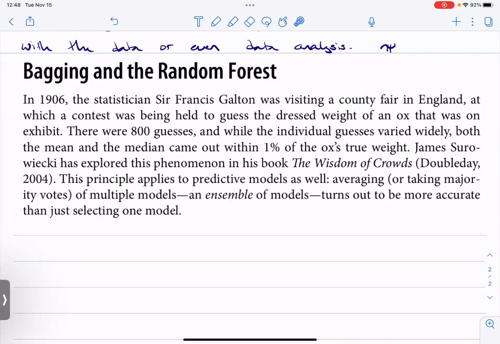An ensemble of models is going to be more accurate. What's better than one model? Multiple models, putting them all together and using the results of those many models rather than just selecting one model is going to be way more powerful.